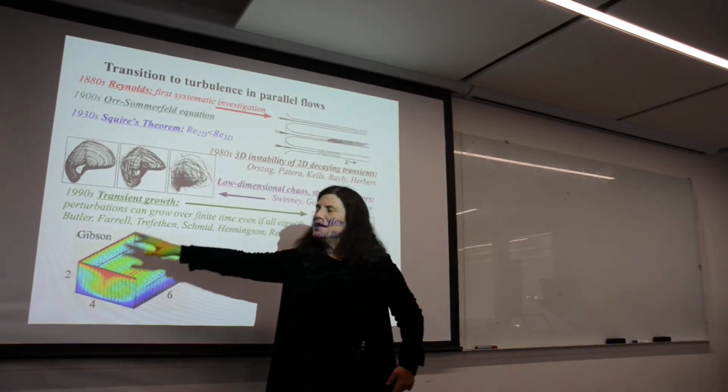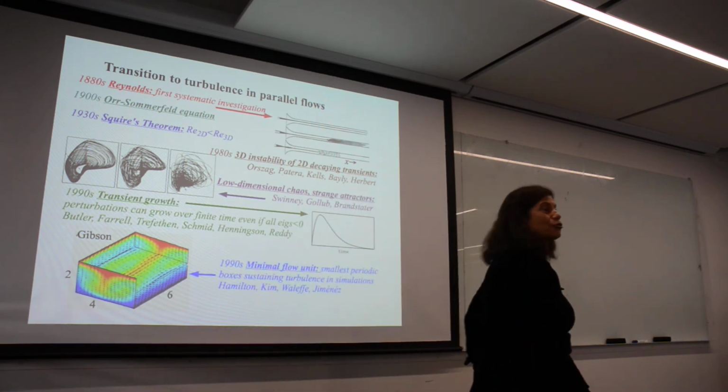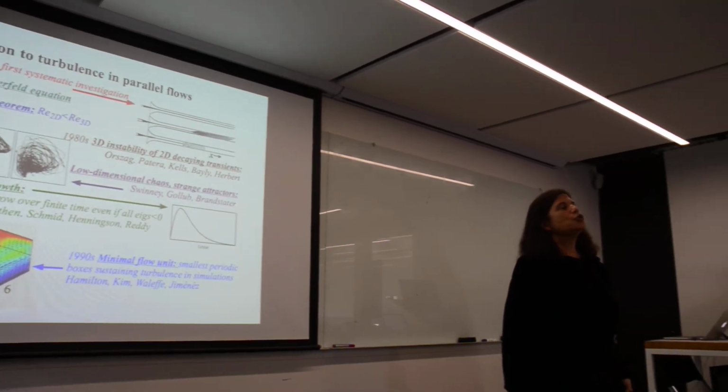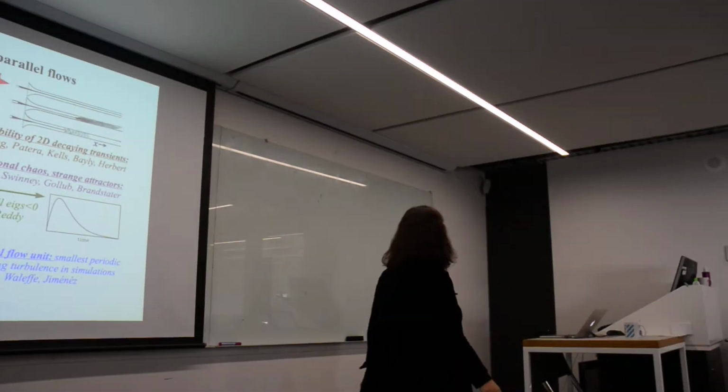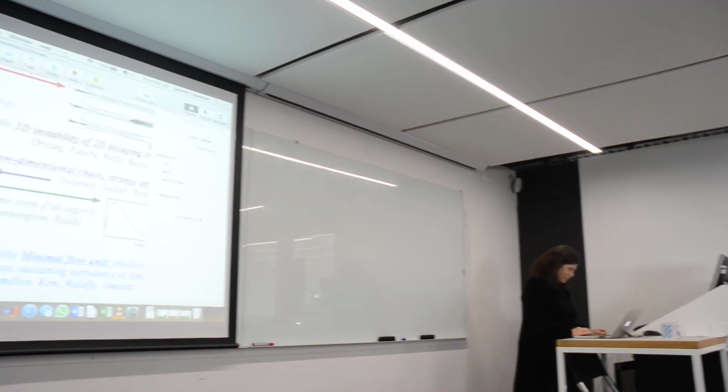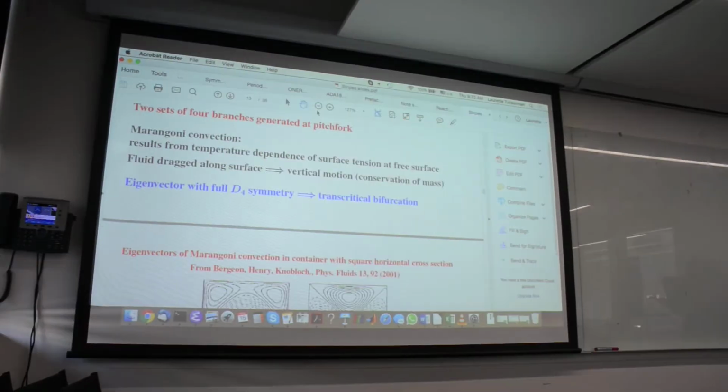Then in the 1990s was a fashion called transient growth, and this you've seen. Remember, transient growth is when you have a Jordan block. I didn't emphasize it much, but we'll go back to it here.